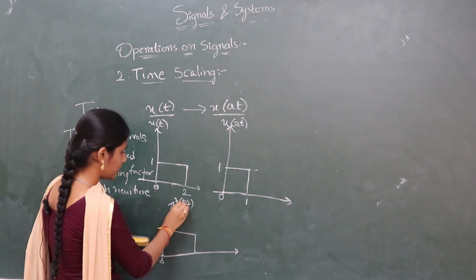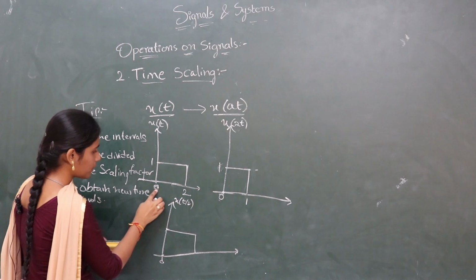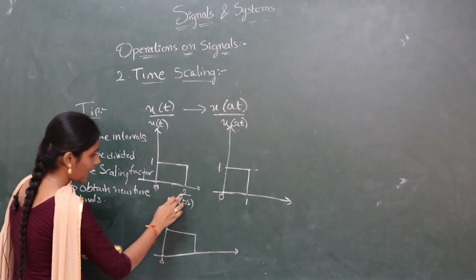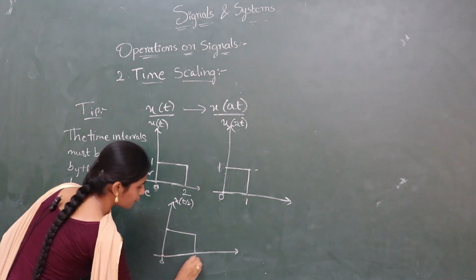Coming to x of t by 2, the scaling factor is 1 by 2. So 0 divided by 1 by 2 becomes 0 and 2 divided by 1 by 2 becomes 4.